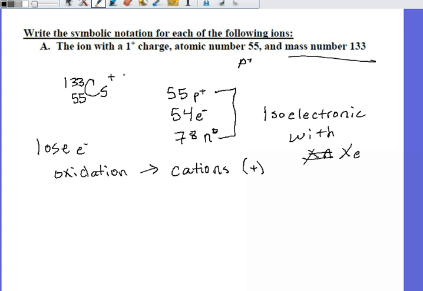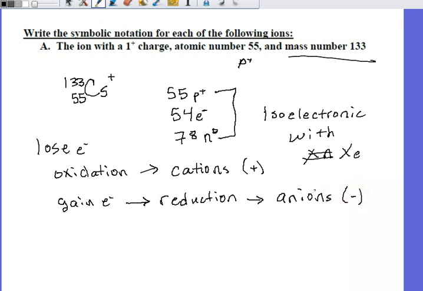In order for that to happen, we have to have the other part of that, gaining electrons. The process of gaining electrons, we call reduction, by the way. And reduction produces anions. Anions are negative. So this is understanding the terminology that you're coming across as you read through your book.